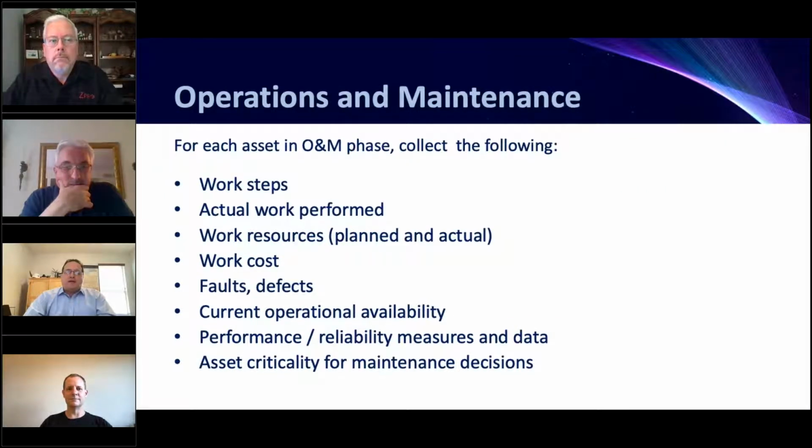For each asset in the operations and maintenance phase, you would collect treatments, all the work steps, the actual work performed, work resources, planned and actual, work costs, faults and defects, current operational availability, performance reliability measures, and asset criticality for maintenance decisions. Next.